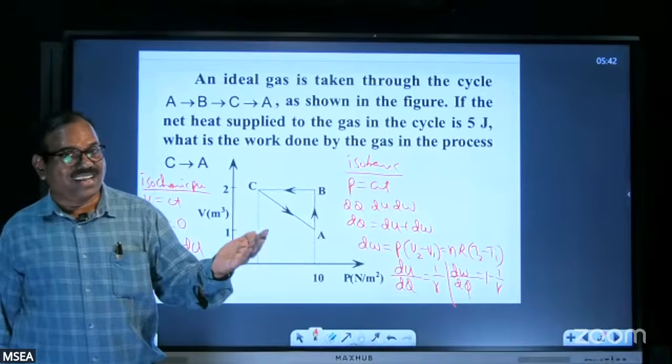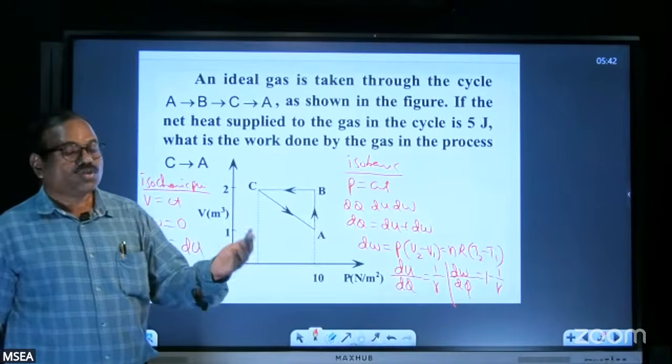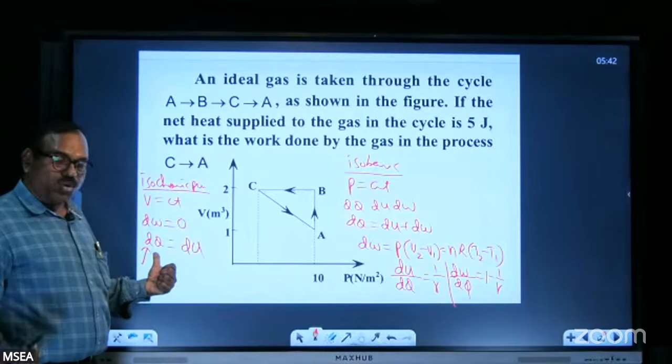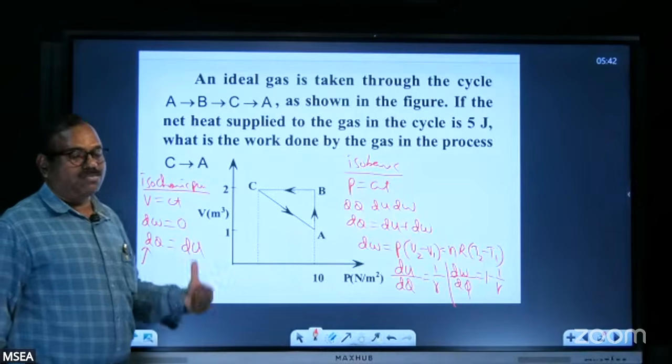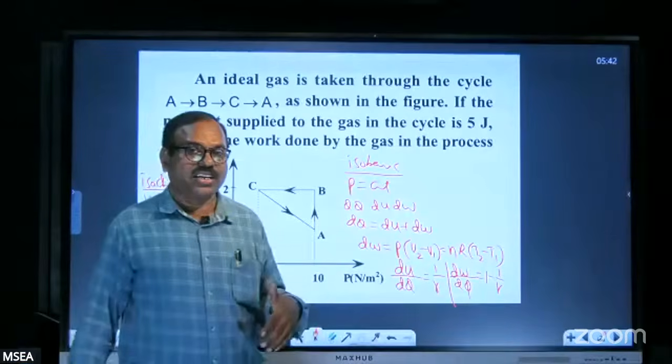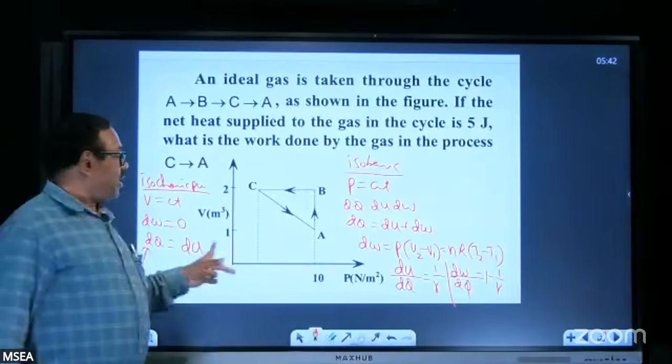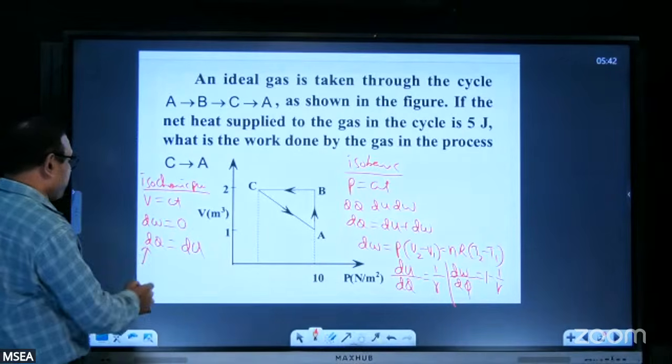If heat is taken out from the system, dq is negative, then du becomes negative. As du becomes negative, temperature decreases. It becomes cooled. Okay, these things you have to remember in isochoric process.